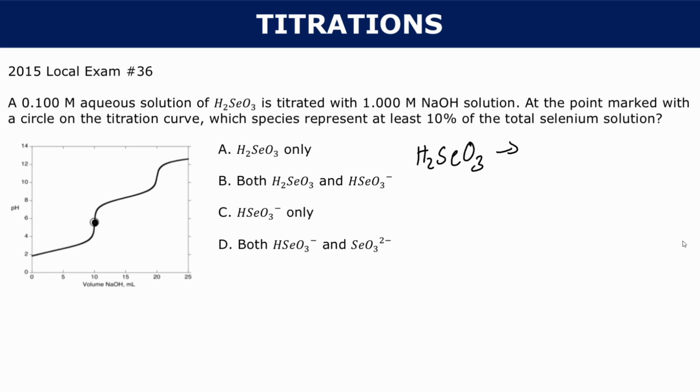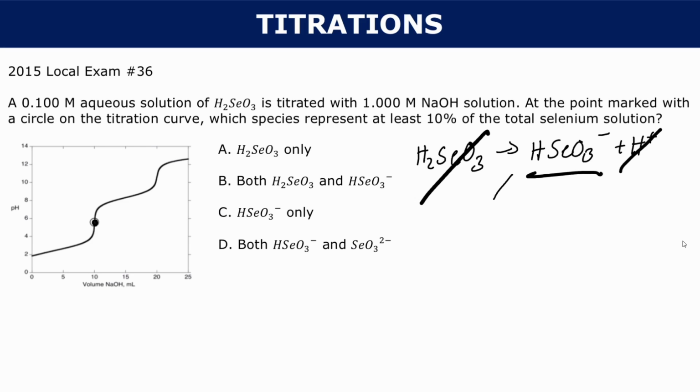the first equation being H2SeO3 dissociating into HSeO3 minus plus H plus, the fact that we're at the first equivalence point means that all the H plus and the base have been completely used up. So the only thing we're going to have left is this little thing right here.